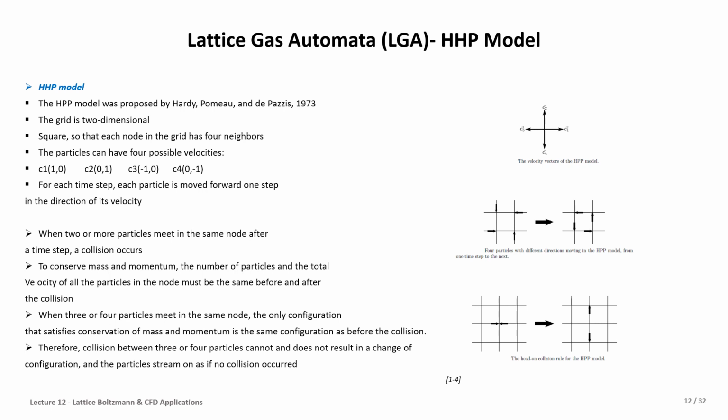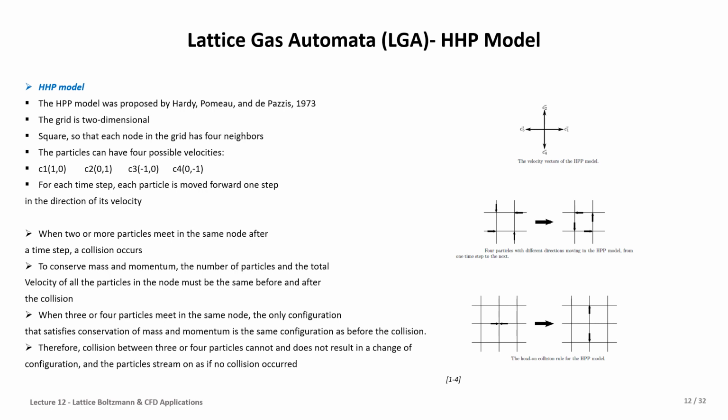About the motion and collision between the particles, for each time step, each particle is moved forward one step in the direction of its velocity, as you can see in this figure. When two or more particles meet at the same node after a time step, a collision occurs. So this is the model that simulates the collision.